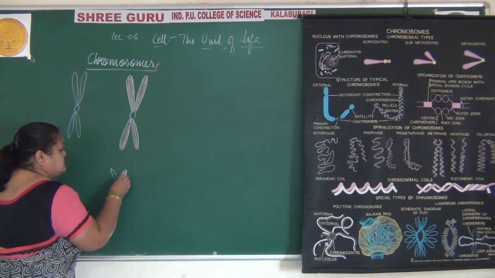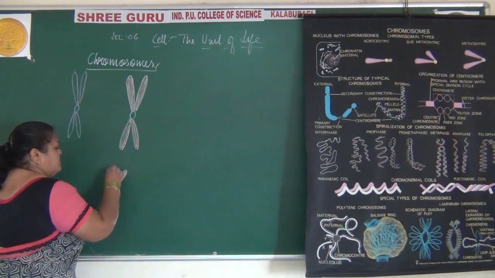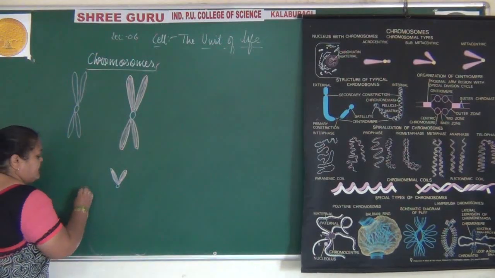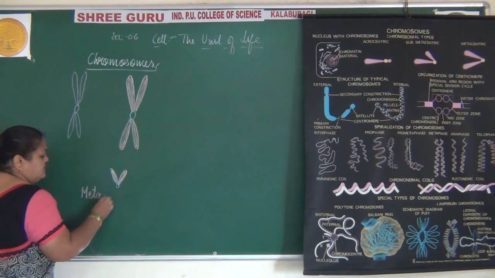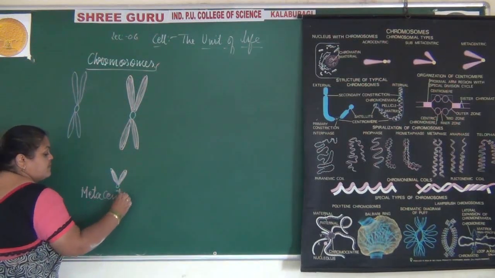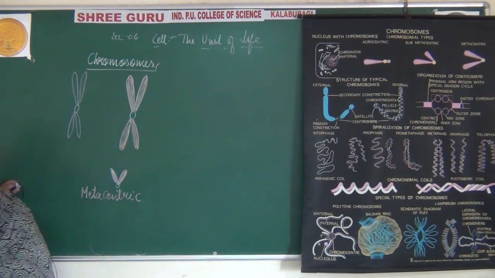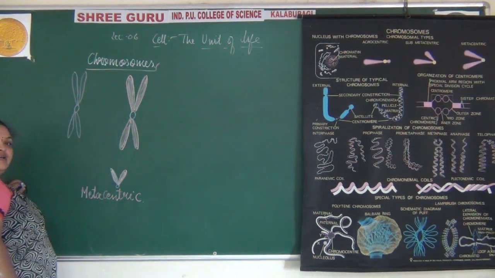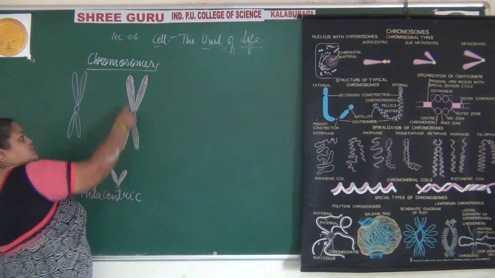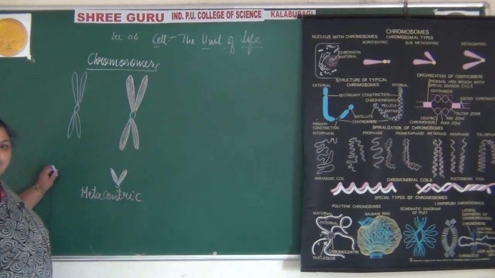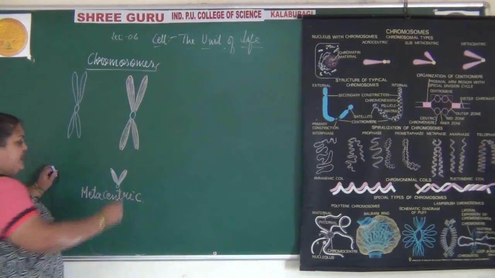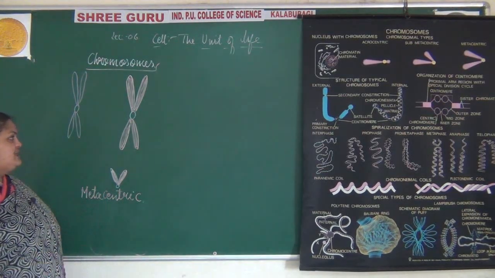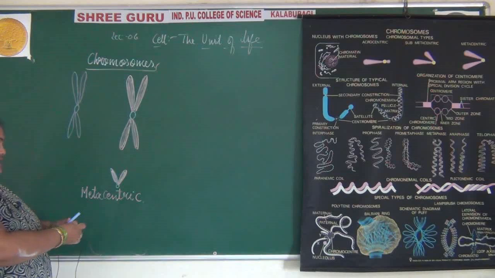Such chromosomes are called metacentric chromosomes. If the centromere is exactly at the center and the 2 arms are equal, and they are somewhat V-shaped, we call it metacentric.